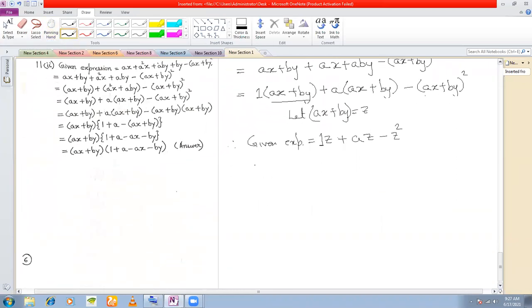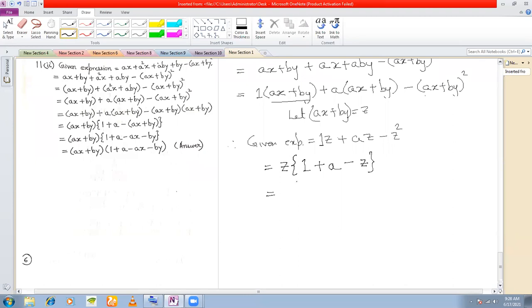Now from these three, you can take out z. From 1 into z, taking out z, you're left with 1. From az, taking out z, you get a. And from z square, taking out z, you're left with z.